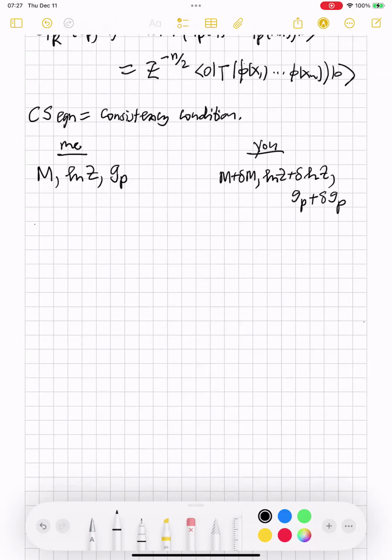So what is the Callan-Symanzik equation telling us? Well, you and I are studying the same theory. So we must get the same observables, which means we must get the same renormalized correlation functions.